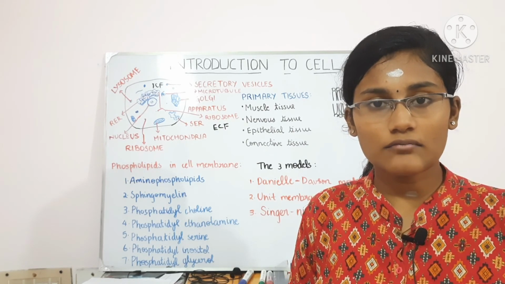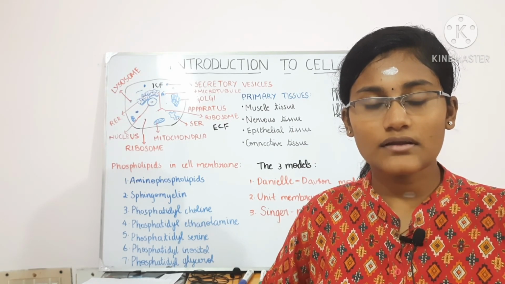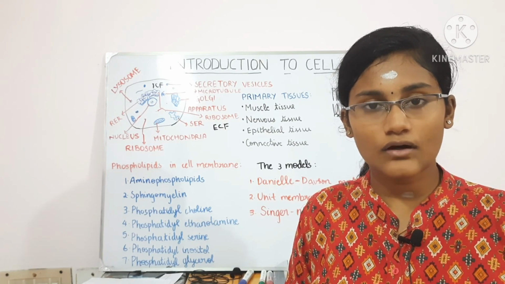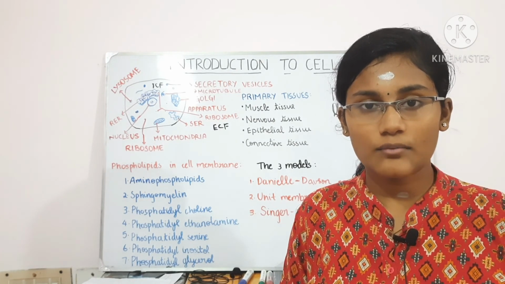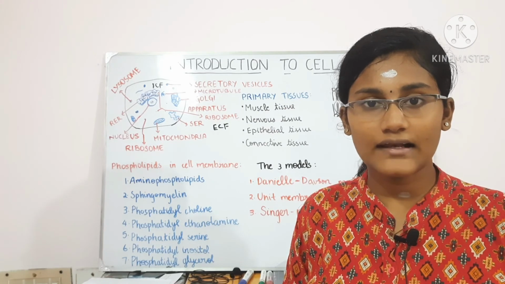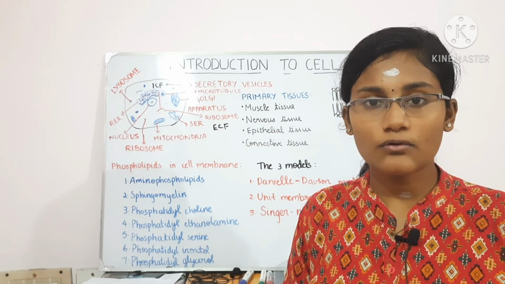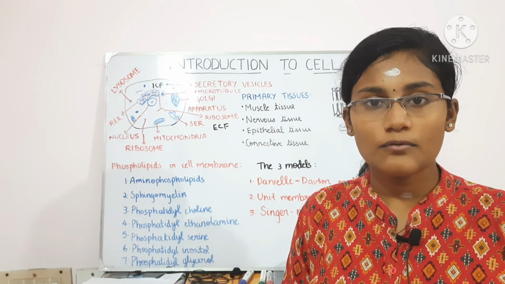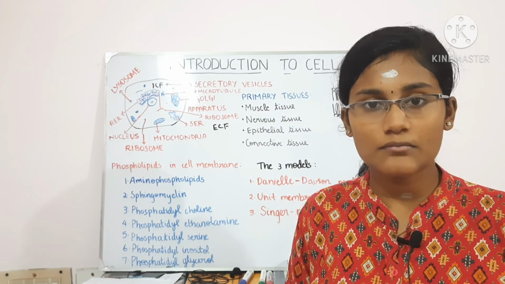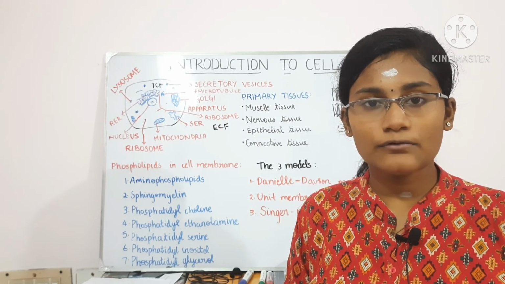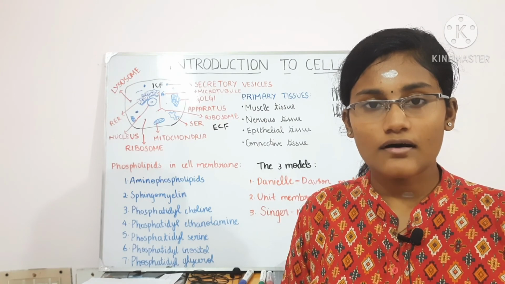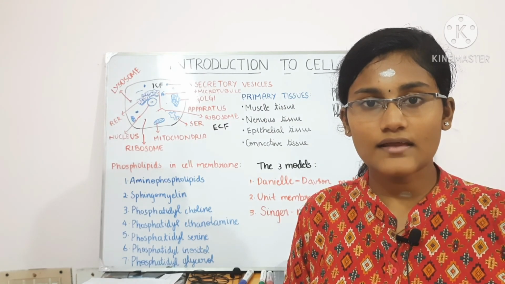This is why the cell membrane is called semi-permeable, because it allows some substances, that is the fat soluble substances and low molecular weight substances, to pass through it freely. But substances like glucose, urea and electrolytes, which are water soluble, cannot pass through the cell membrane. They use the help of carrier proteins or channels to pass through the cell membrane.